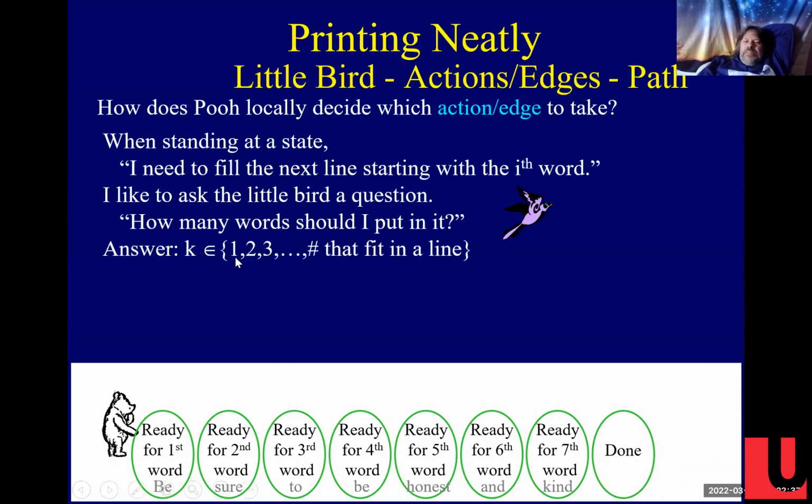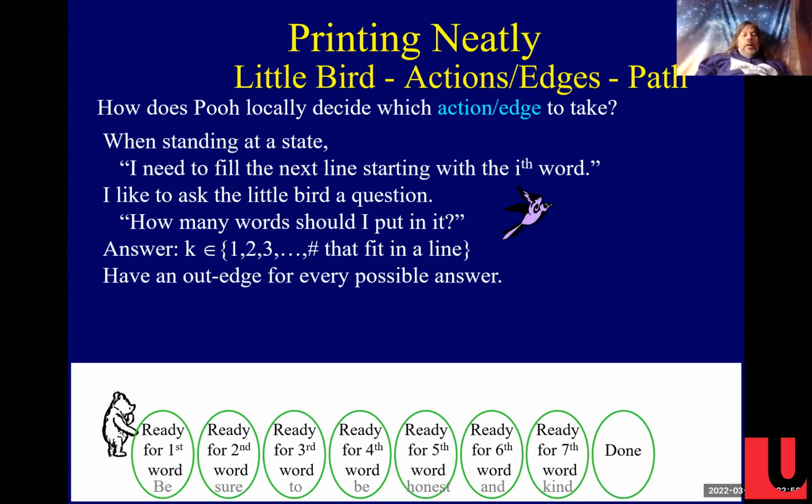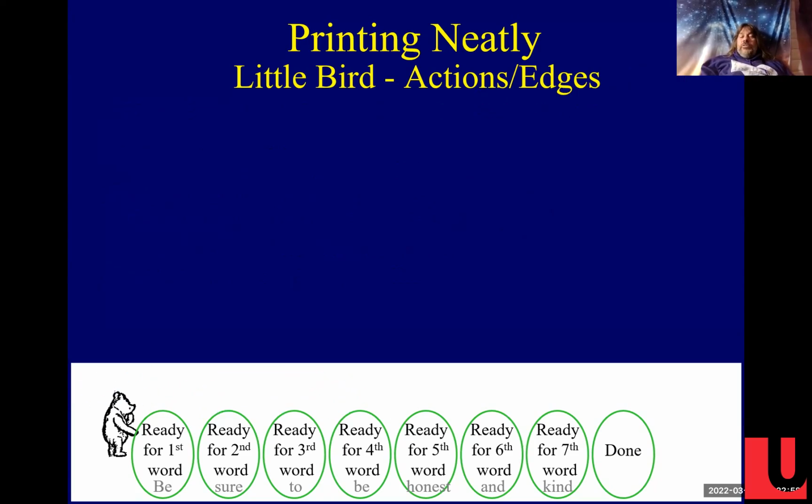And the number of answers, well, he could put 1 word or 2 words or 3 words, up to the number of words that actually fit on that line. And he's going to have an edge out for every possible answer. So he might put one word on, 2 words, 3 words, 4 words.